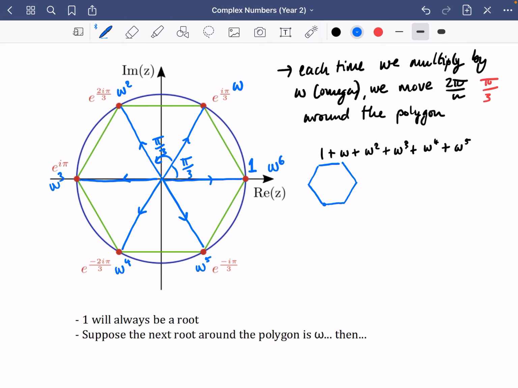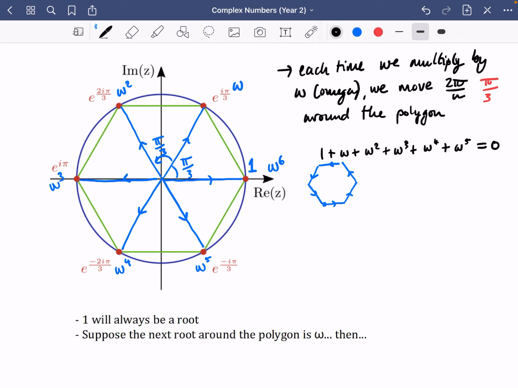And I get back to where I started when I added all of these vectors together. Now, if I get back to where I started, that would imply that I haven't moved at all. That would imply that the sum of all of these things is equal to 0. So this is kind of like a geometric proof.